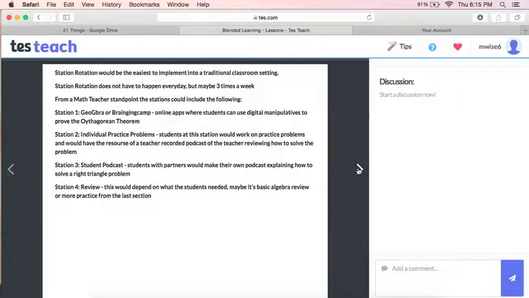This could be completely withdrawn from technology, just some basic review problems with the teacher, or this could even be like how the teacher in the last video had her own video recorded lesson, and the station review could be one of those. So lots of ways to incorporate station rotations. It's for every teacher out there for every subject.